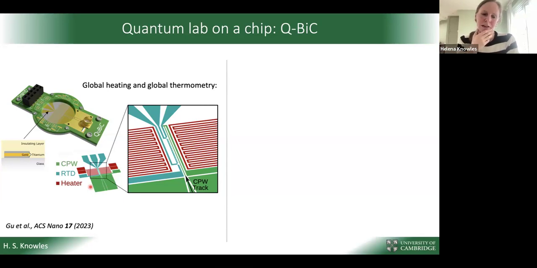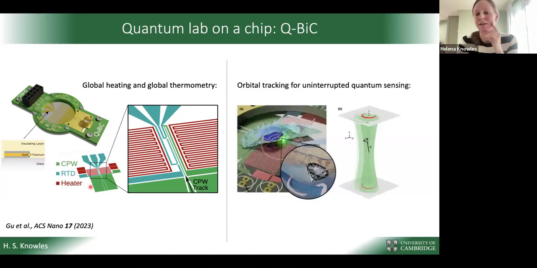And if any of you have ever tried to do this kind of temperature stepping with the incubator itself, you will know that it's very challenging and it takes forever, and it's not very fun. So that's why we wanted to really have that on chip for better flexibility.